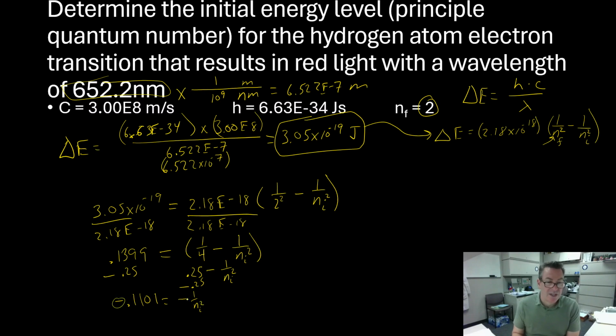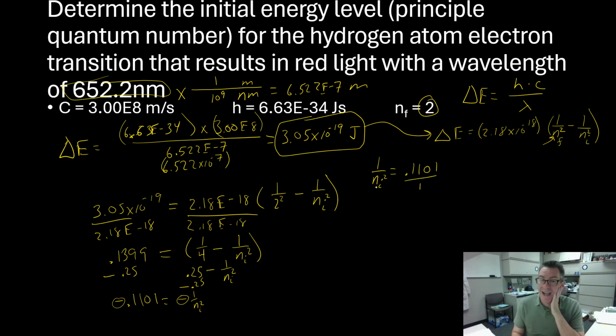So notice the two negative signs, that negative sign and that negative sign, are just going to cancel each other out. So let me just flip this around. So ni squared now is equal to 0.1101. Again, I just lost the negative signs and I just switched what was on the left side and what was on the right side. The next thing you want to do is take the reciprocal of both sides.